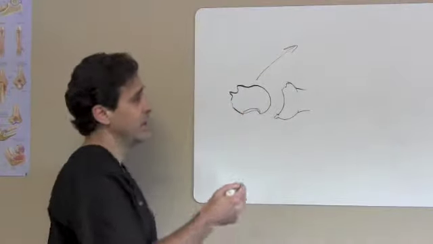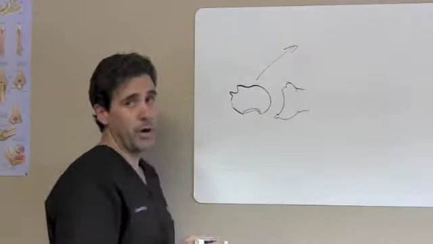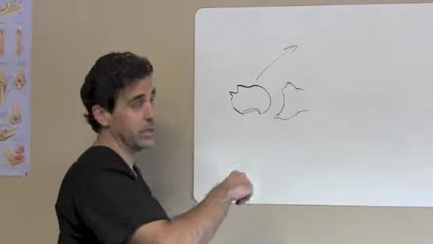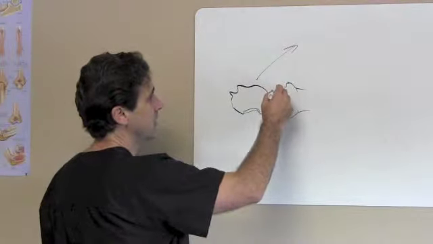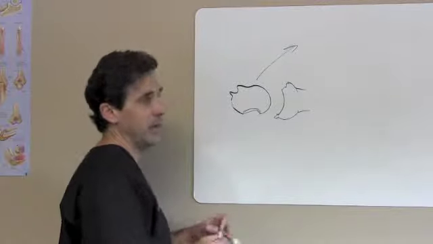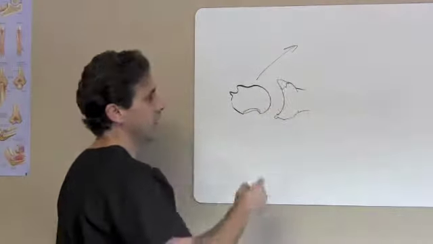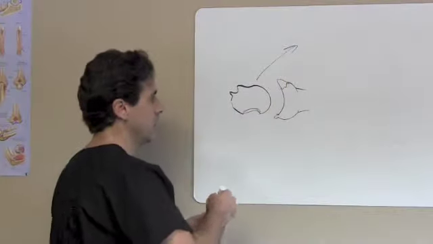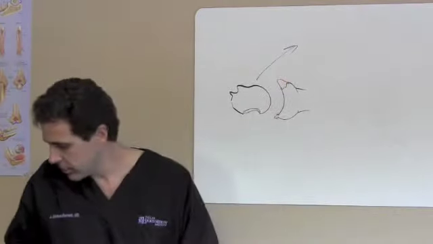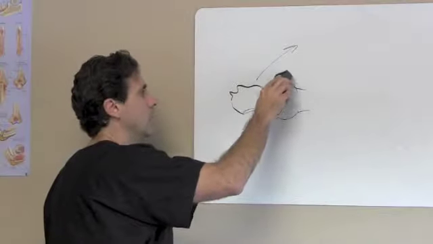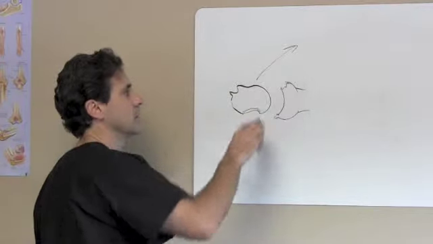In addition to that, you can actually get wearing away of the bone on the cup portion of the glenoid here. And so this glenoid that used to be a nice concave structure like that now gets worn down to a flat surface because of the multiple dislocations.